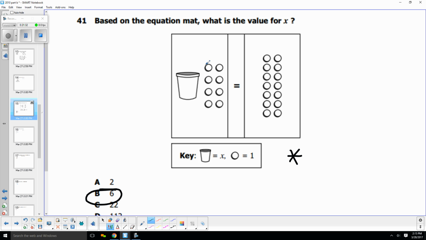This represents x plus 8 is equal to 14. Now you could solve. Find your variable. What are you doing with x? So inverse operation is, I'm going to subtract 8 from both sides. Therefore, x equals 6. So either way is acceptable on that one, okay?